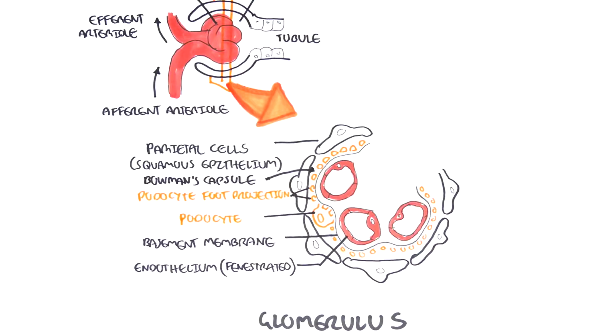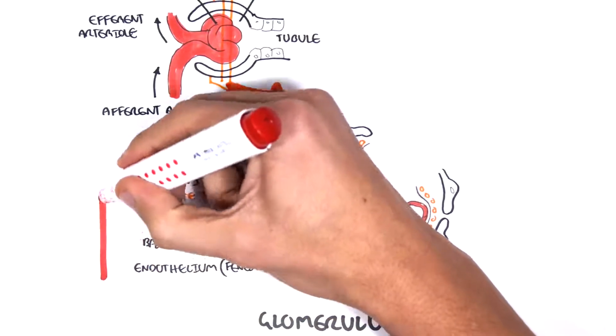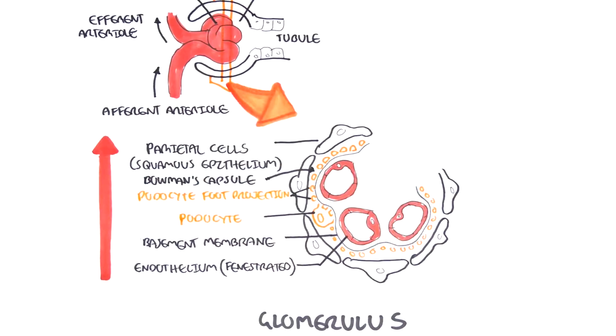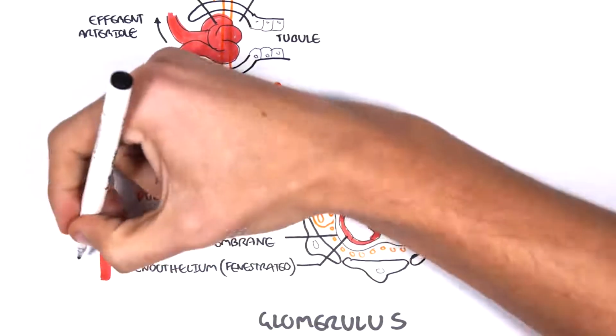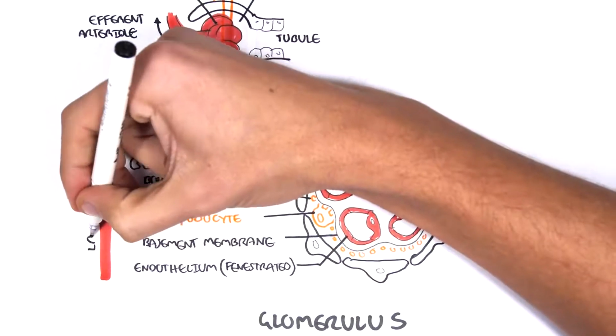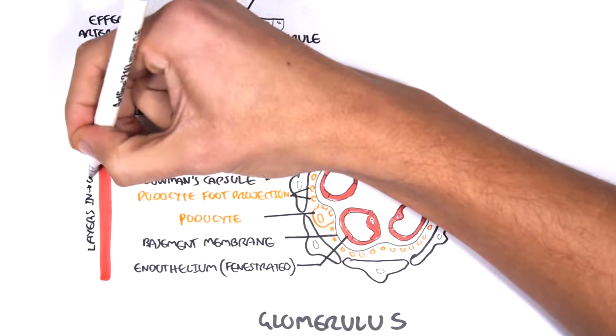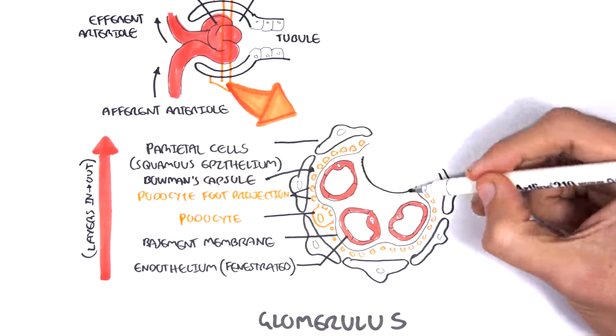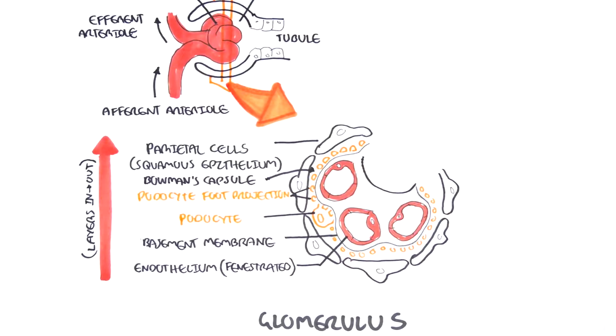So you can say the deepest layer is the fenestrated endothelium of the vessel, which contains within it the blood and other blood stuff. And moving out, going to the next layer, we have the glomerular basement membrane, or GBM. Then we have the podocyte and its foot projections, the Bowman's capsule, and finally the parietal cells that house the glomerulus.